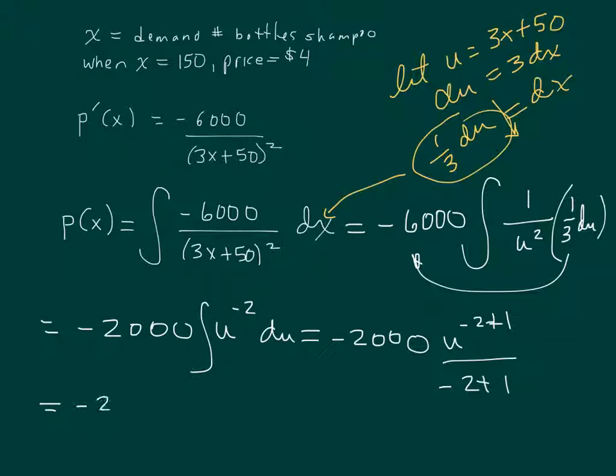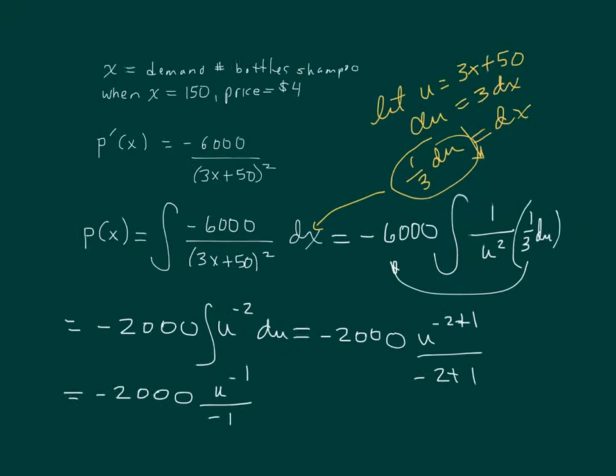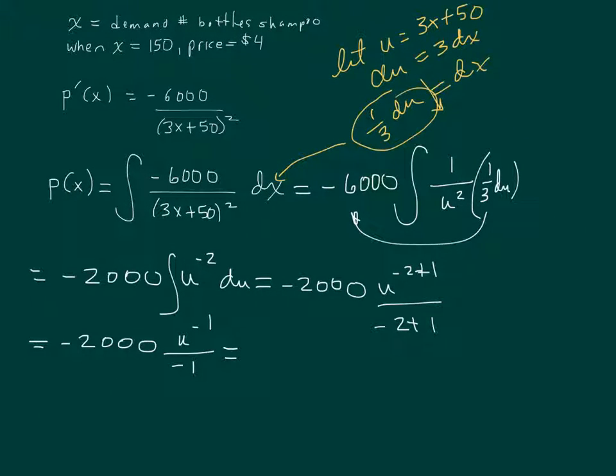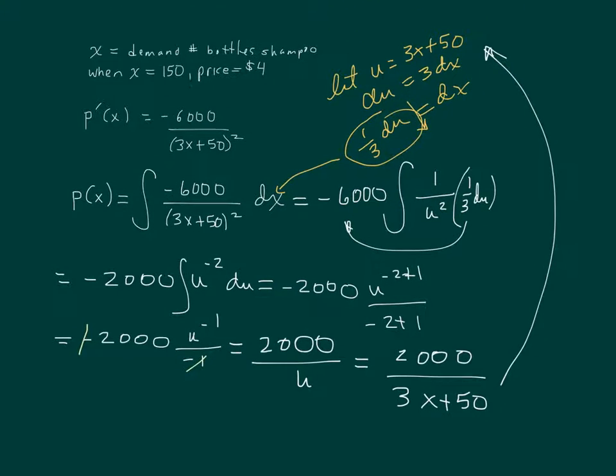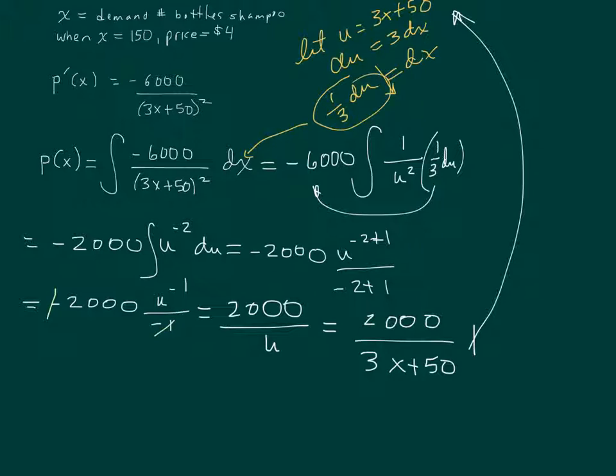So this gives me negative 2,000 u to the negative 1 over negative 1, which will simply give me this negative and this negative will cancel. 2,000, and then I'm going to bring the u to the negative 1 back to the bottom. And finally, I'm going to plug in what u equaled way up there, which was 3x plus 50. So that's my antiderivative, but don't forget you need that constant plus c.